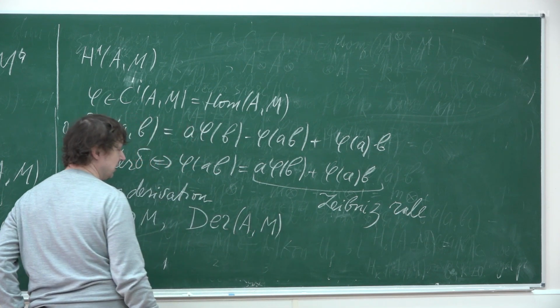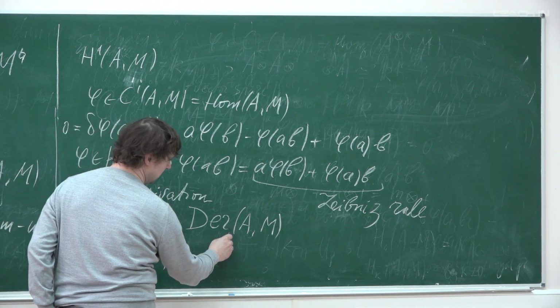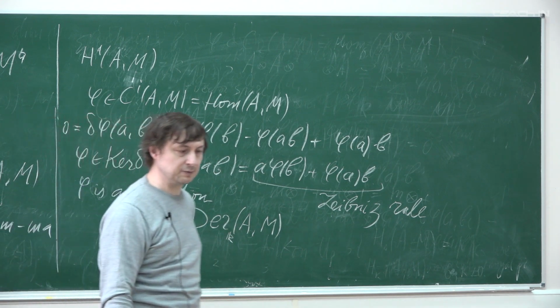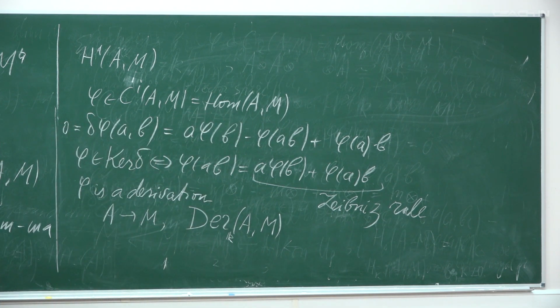Sometimes, if we assume that the maps are linear over some algebra B, people add B here, but here this algebra is equal to the ground field, so people usually omit it. We go on. That's not yet the cohomology.